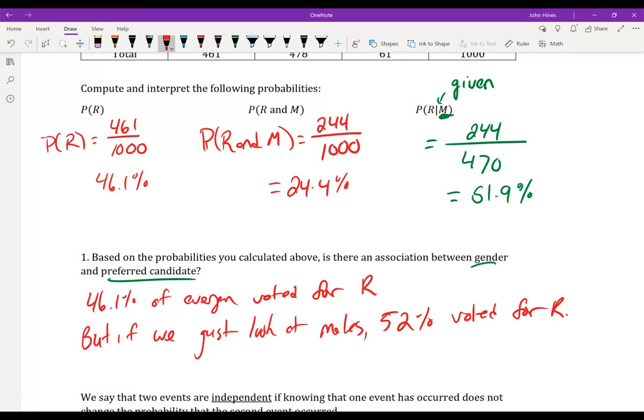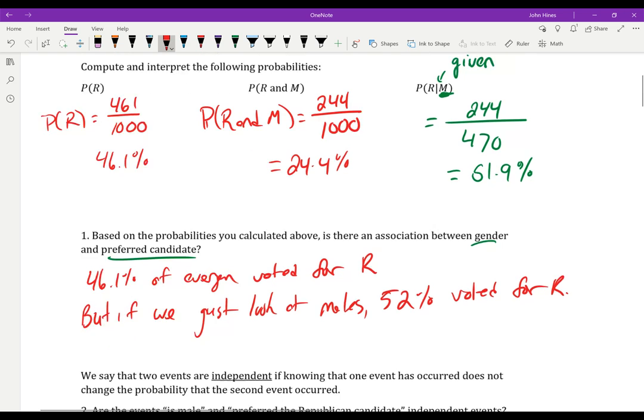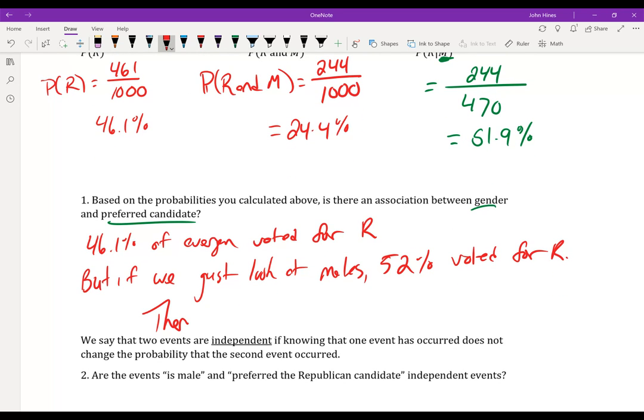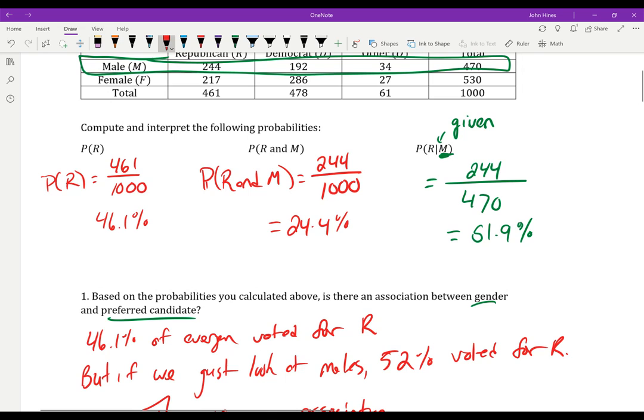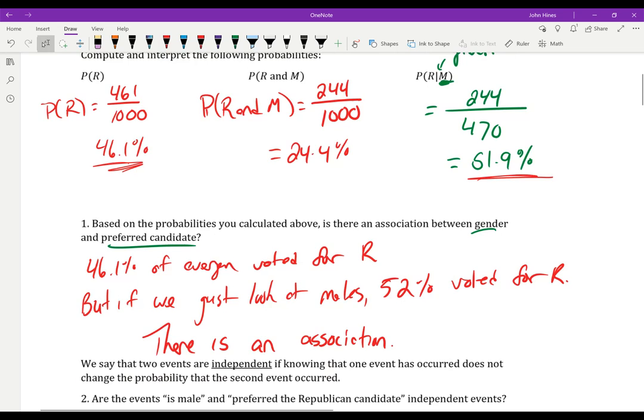So knowing I was picking from just the males greatly increased the probability of me picking a Republican voter. So there is an association. Males are more likely to vote for Republicans than just picking someone at random. Knowing I'm picking a male increases the probability of me picking someone who's going to vote for the Republican candidate.